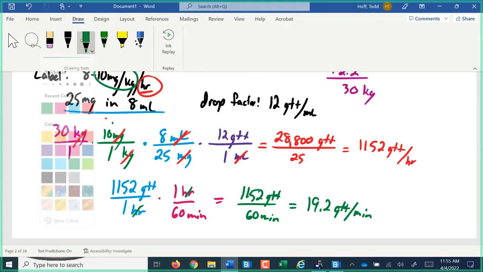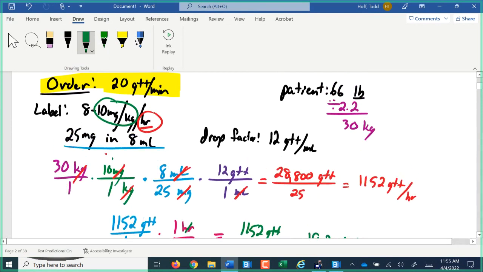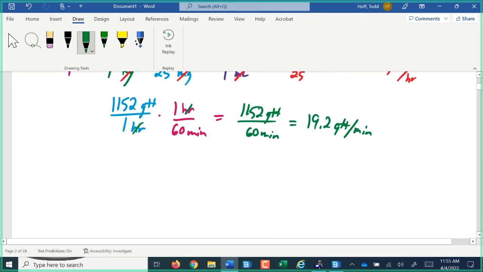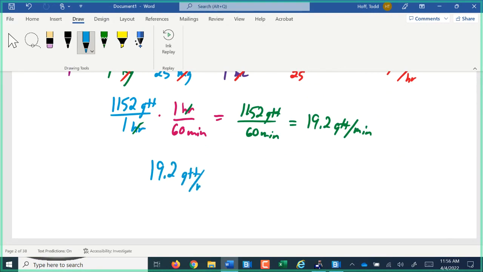Let's titrate it now. The doctor's order is 20 drops per minute, just outside the edge of this range. But let's find the rest of the range just to see how out of line it is. 19.2 drops per minute was calculated off of 10 milligrams per kilogram.